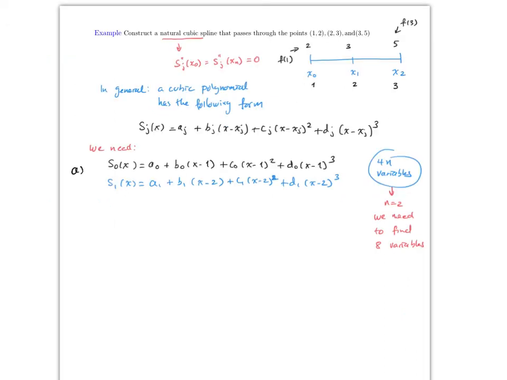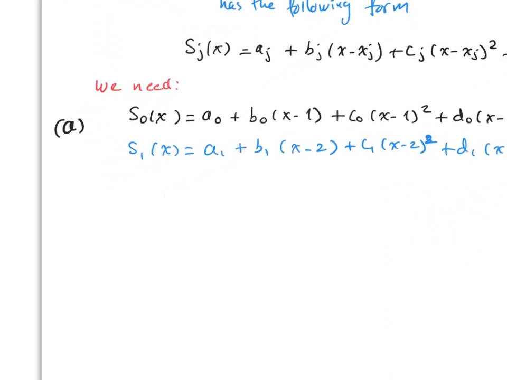Alright, so this is part A. Now for part B, this is what we have. Part B is telling us that s0 of x0 has to be equal to f of x0. So that implies that s0 of 1 is equal to f of 1.